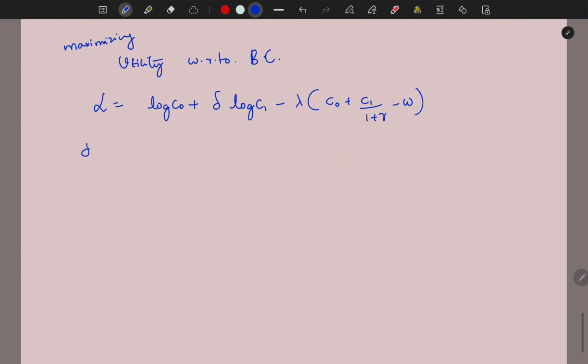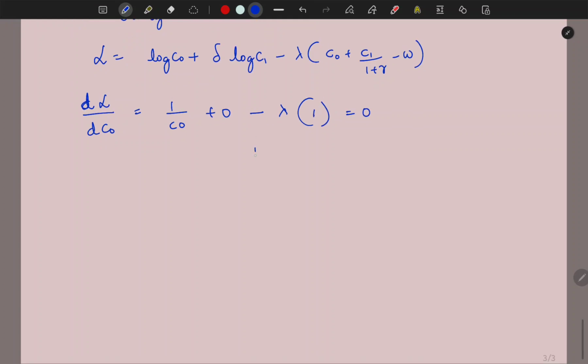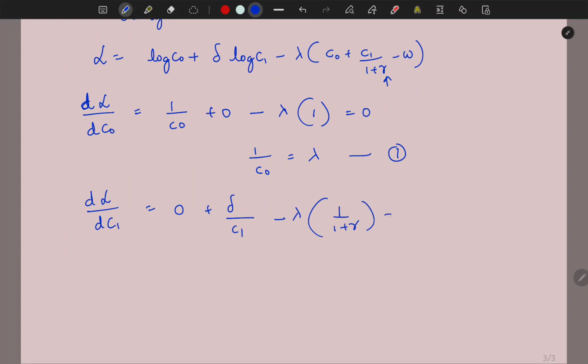Now, the derivative of L with respect to C0 is 1 by C0 plus 0 minus lambda times 1 equals 0, so 1 by C0 equals lambda. The derivative of L with respect to C1 gives 0 plus delta divided by C1 minus lambda times 1 by 1 plus R equals 0.